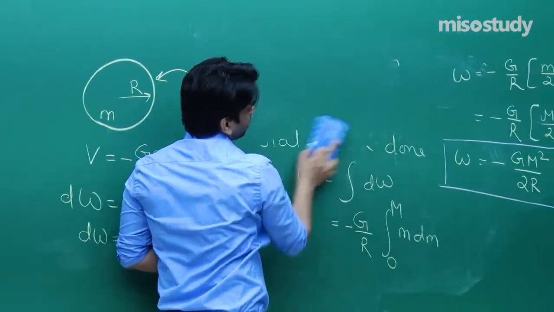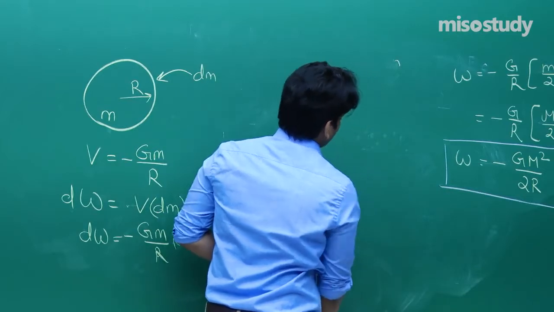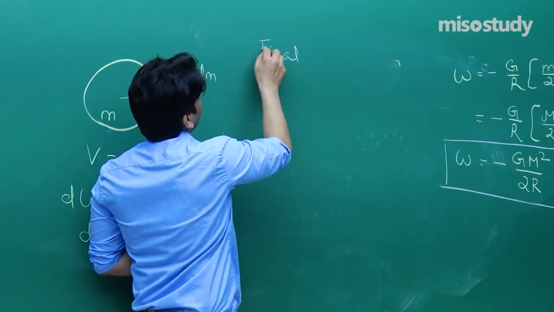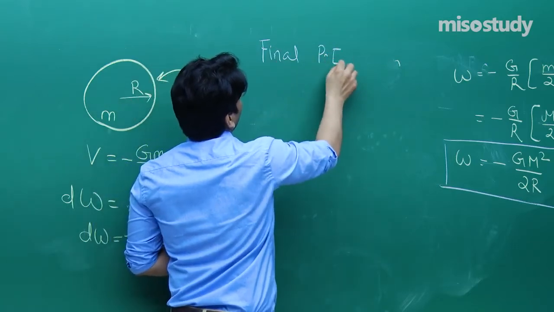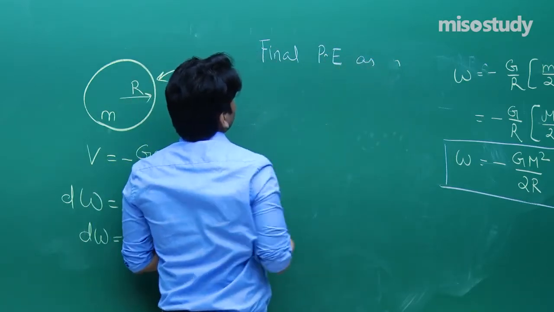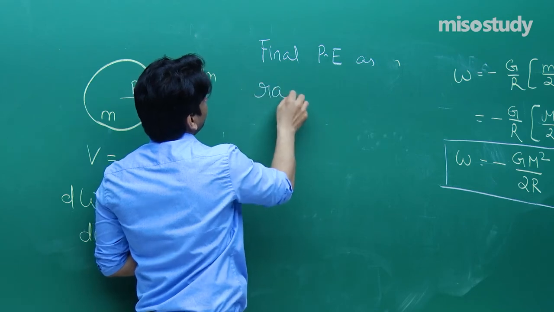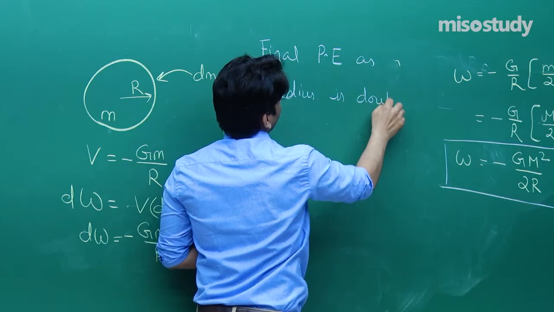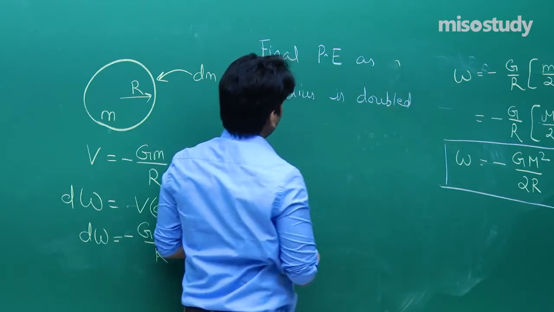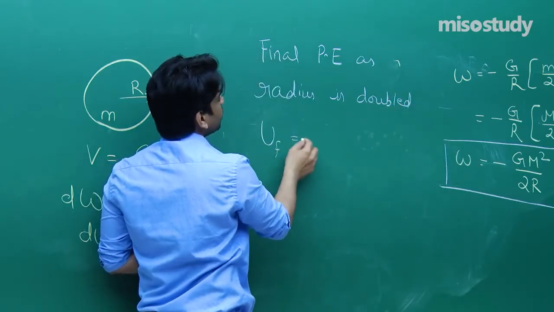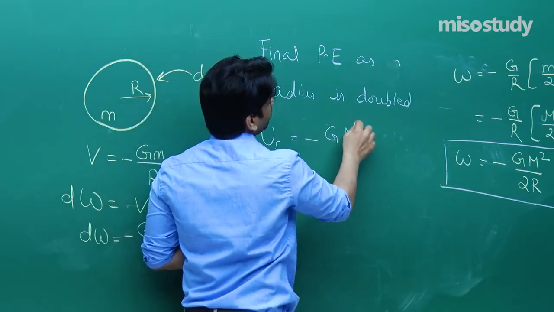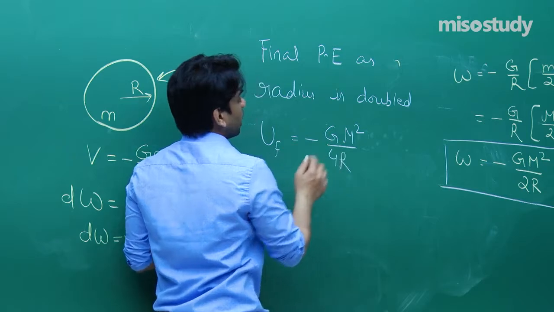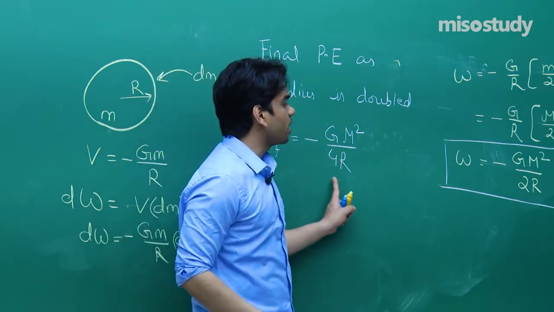I am just rubbing this part, I hope you would have taken this down. So the final potential energy as the radius is doubled: U final is equal to minus G m square upon the radius, so we use 4r here, minus G m square by 4r.